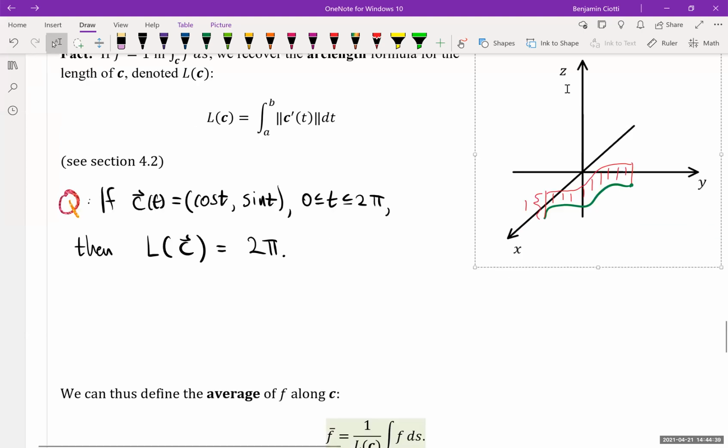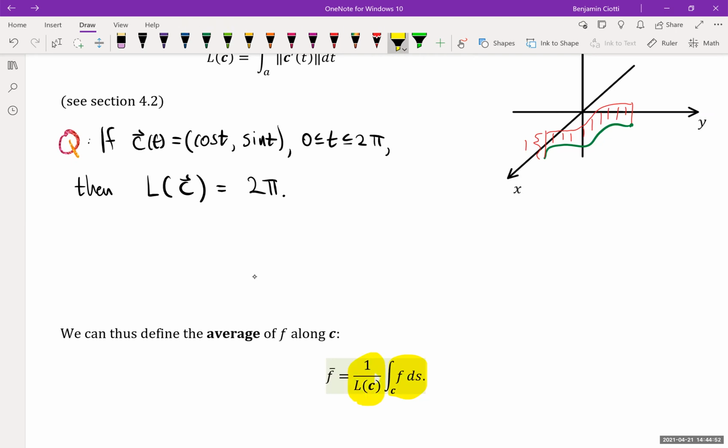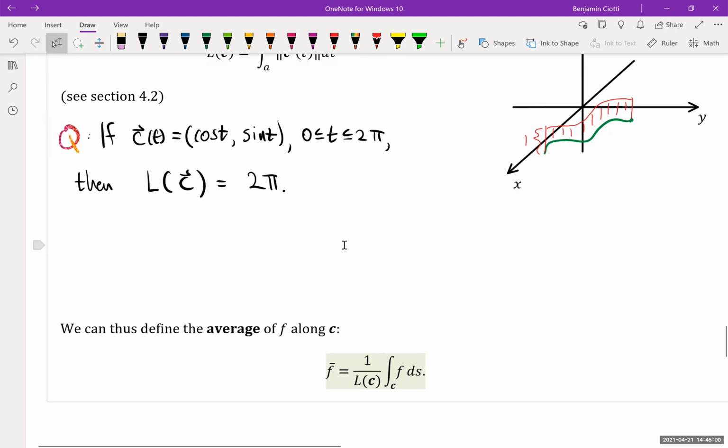Let me give you the average formula in the context of paths. The average of a function over a path will be the integral over the path divided by the length of the path. Let's try applying this formula to the last example.